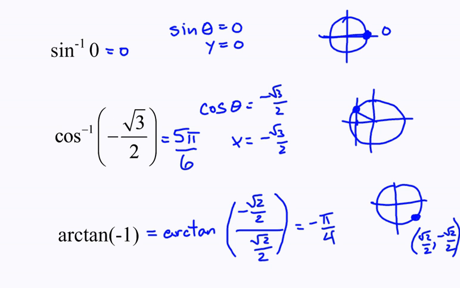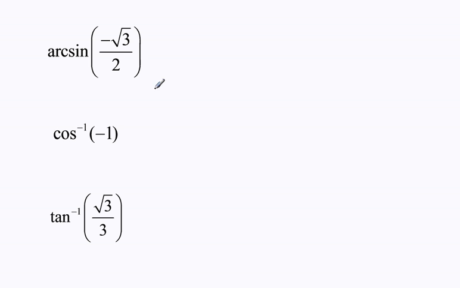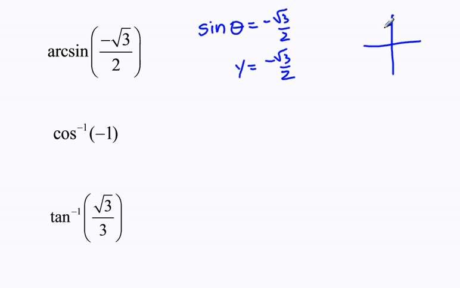All right, we've got one last set that you can try on your own and then listen to the explanations for. Let's do sine of theta equals negative root 3 over 2. That means y is negative root 3 over 2. Take a look at my circle. I want a y that's down here, almost all the way to 1. I don't want the third quadrant.